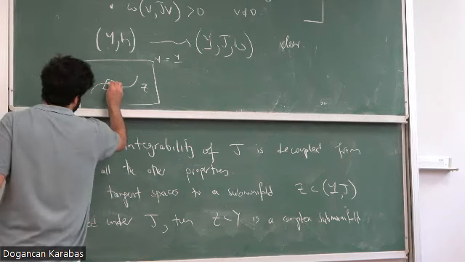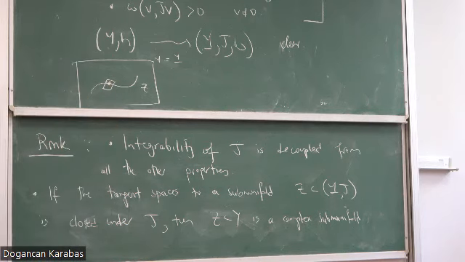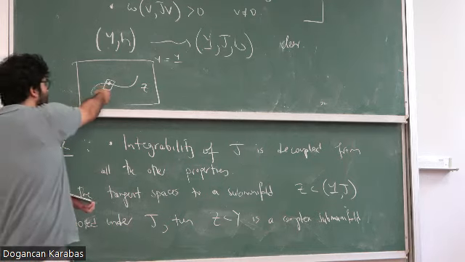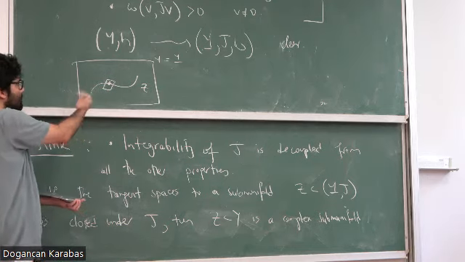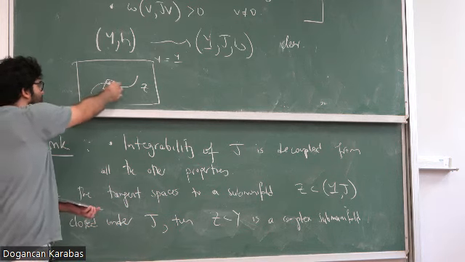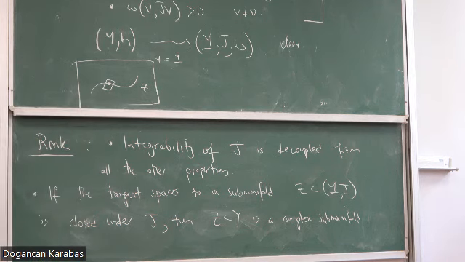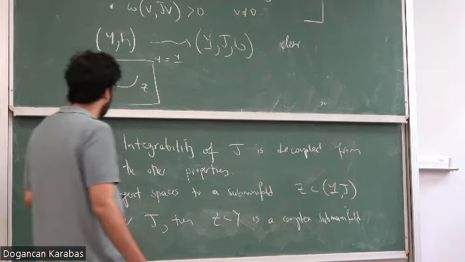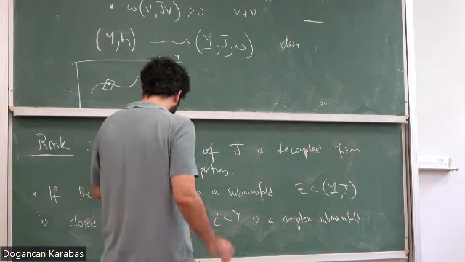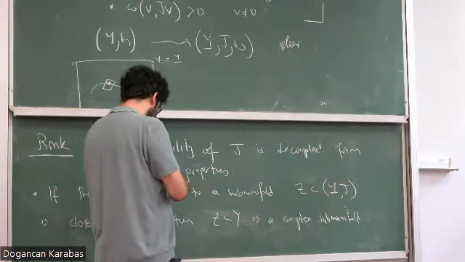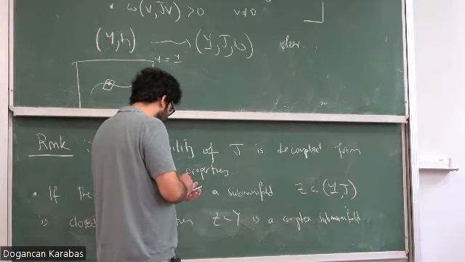If this subspace coming from the submanifold Z is closed under J, then it's actually a complex submanifold. Of course you can restrict J here and get what I will define as the almost complex structure, but it's not just an almost complex structure. This Nijenhuis tensor, this integrability condition, is also automatically satisfied. Okay.